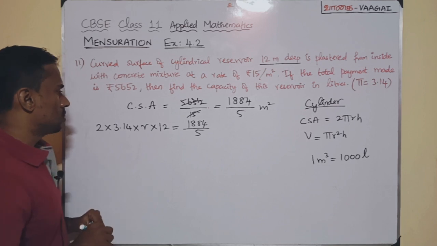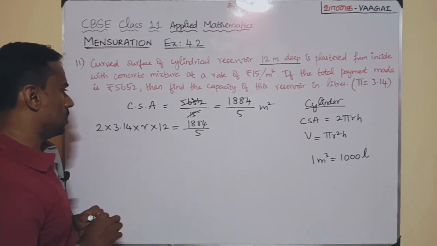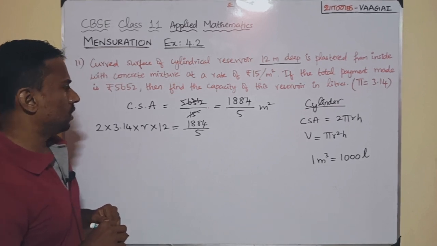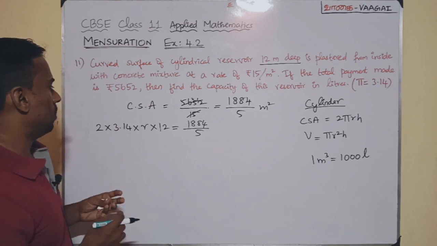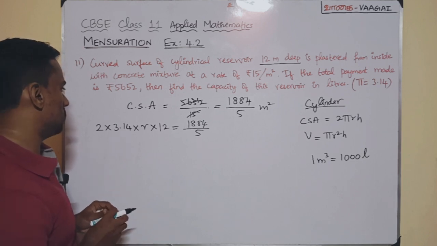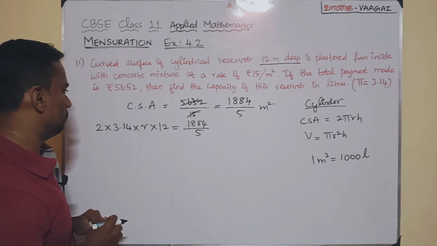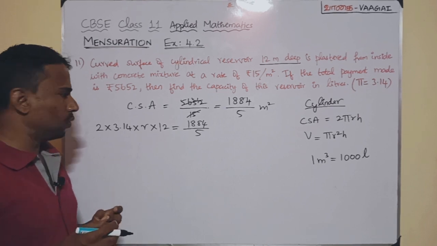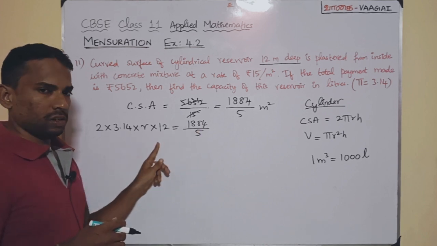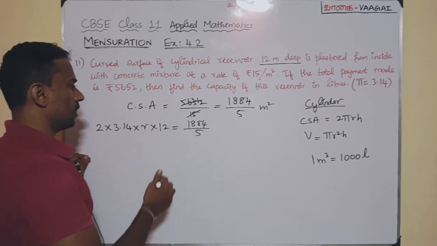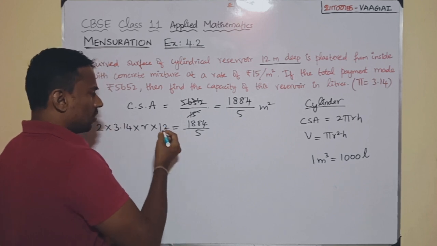Now I can try to simplify. I'll directly try to cut with 12 tables itself. Let's see what happens. I think it will be divisible.